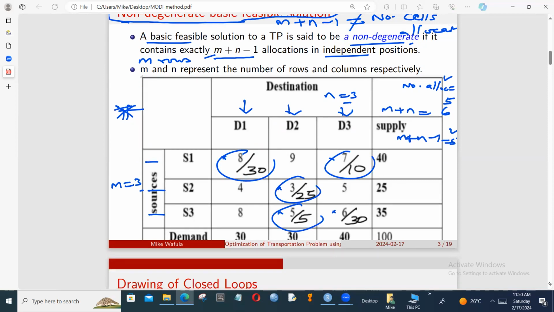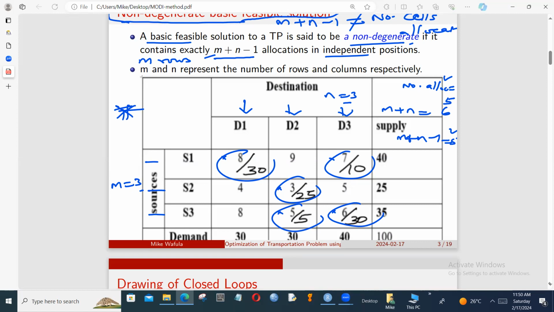Now, for this particular case, I've assumed maybe you have used the least cost cell method, or the northwest corner method, and you're getting the final table like this before you now calculate 8 times 37, 7 times 10, 3 times 25, 5 times 5, and you get the cost. So I've just picked one with allocations.